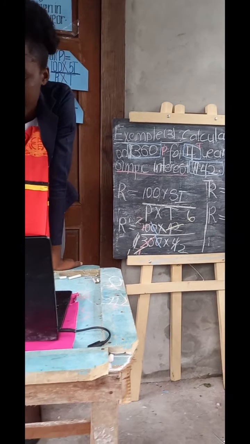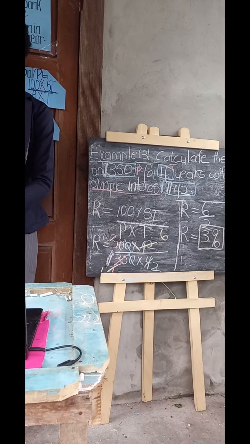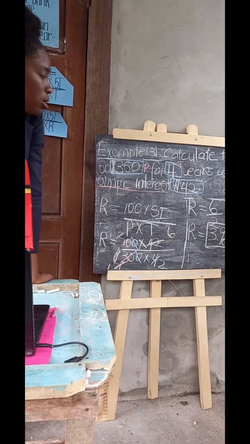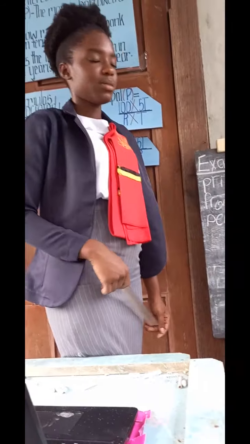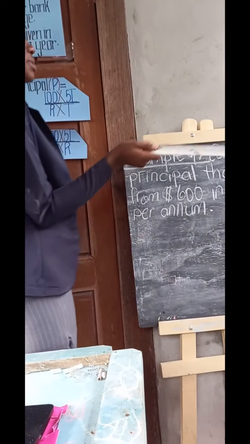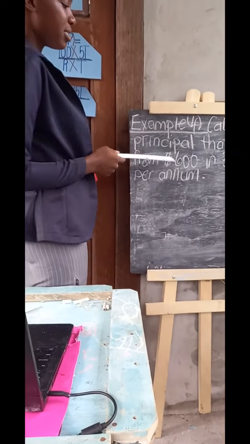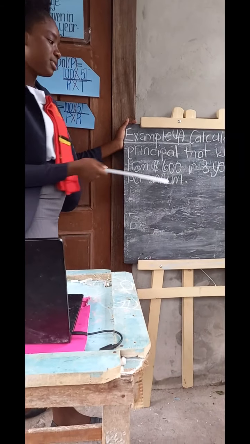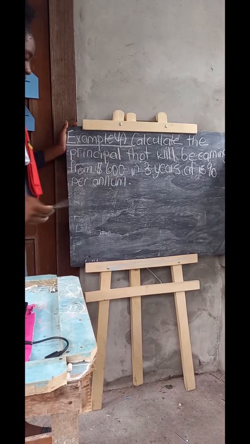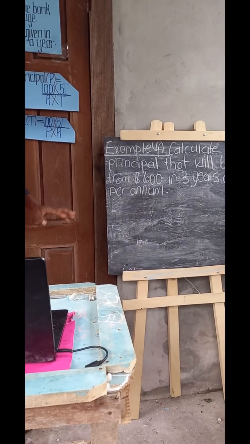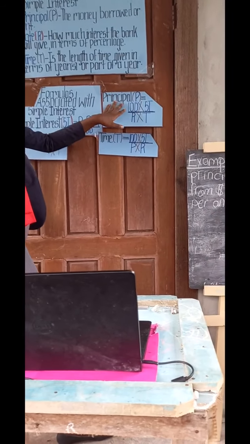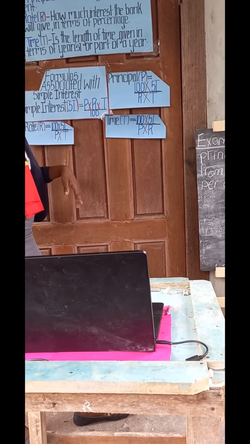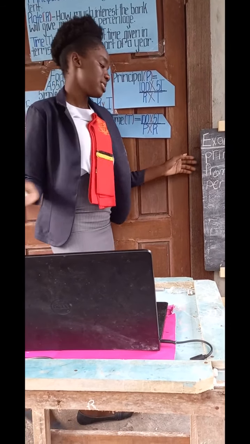Okay, let's move on to our final example where we will have to find the principal. Calculate the principal that will be earning from $600 in 3 years at 15% per annum. Our formula to calculate principal is 100 multiplied by the simple interest divided by rate times time.